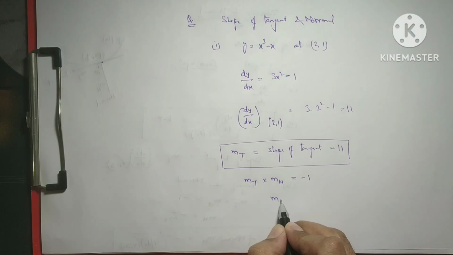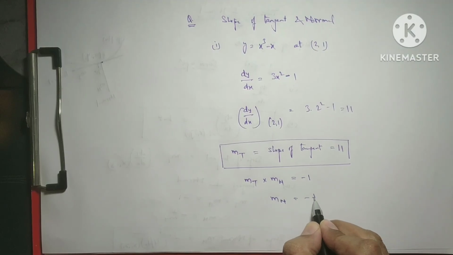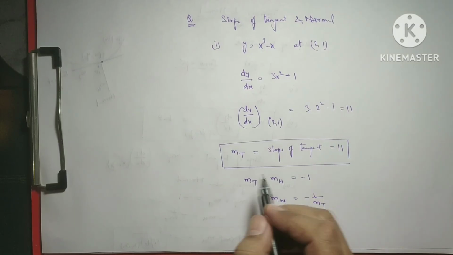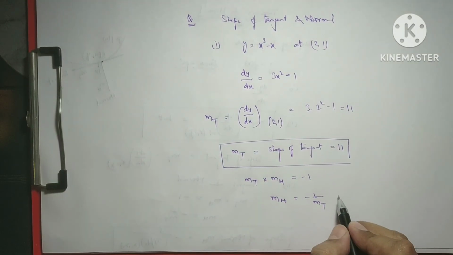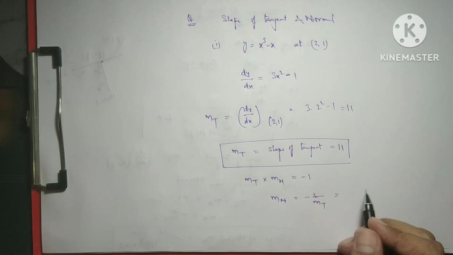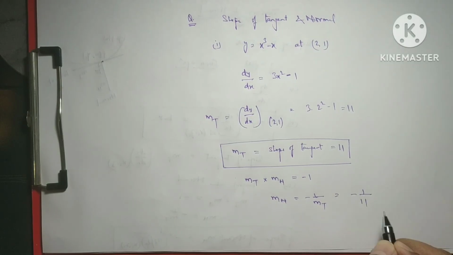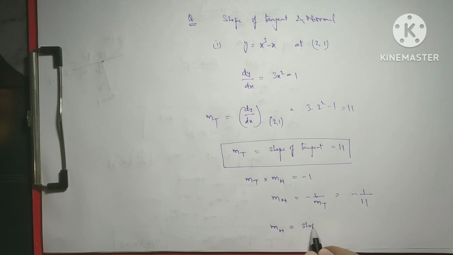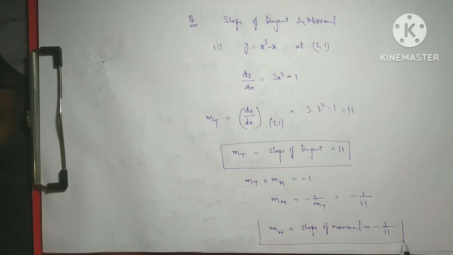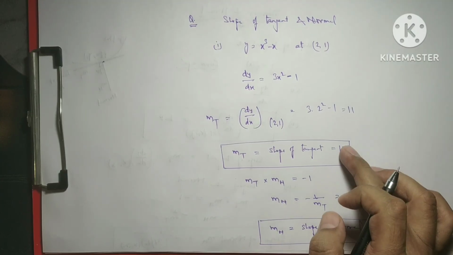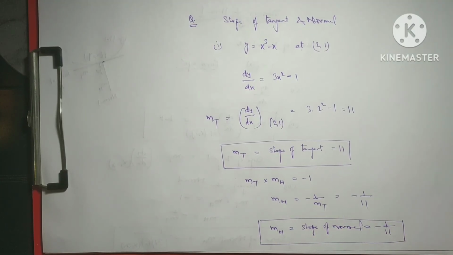So mn is minus 1 over mt. You have right now the value of slope of tangent. We put this, minus 1 over 11, means slope of normal is minus 1 over 11. That is the negative reciprocal of slope of tangent.